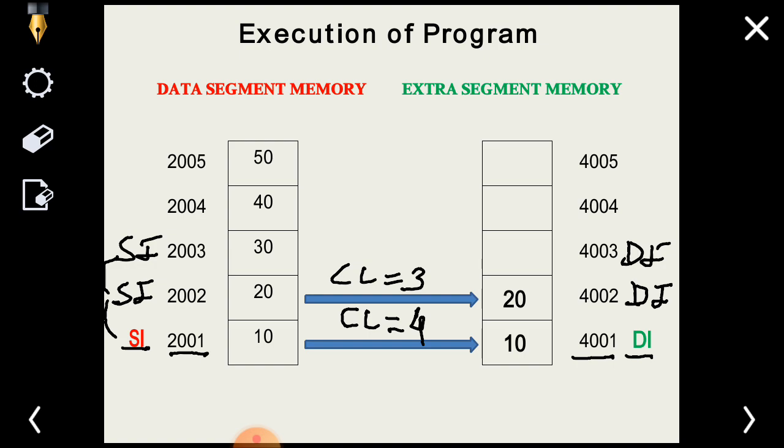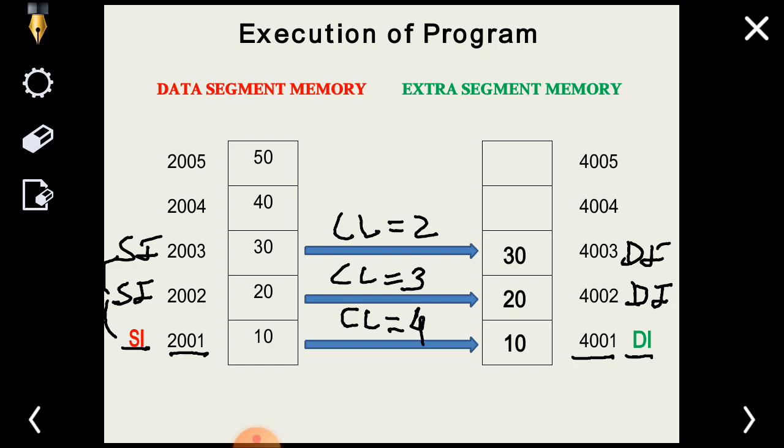Now the repeat instruction will repeat the MOVSB instruction, and it will transfer the 30 into extra segment memory. Now the counter will be decremented by 1, so CL will be 2, and again it will check the direction flag.